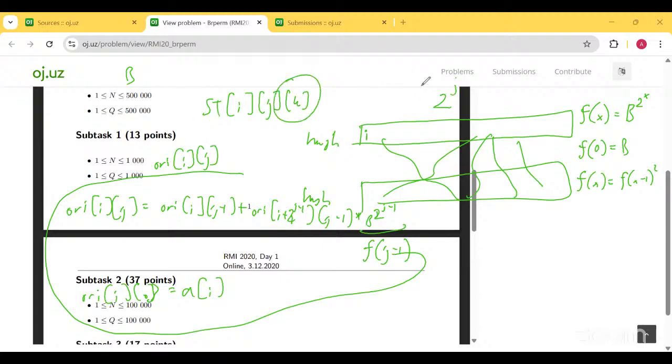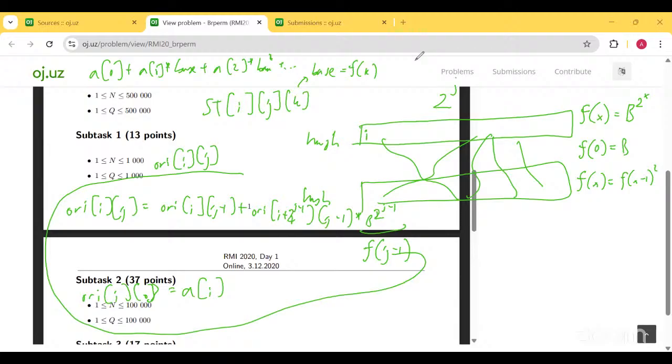Then what is k? k means the base of the hash is equal to f_k. What is the base? So actually our hash function is like this: the first value, plus the second value times base, plus the next value times base squared, and so on. Is it understood?